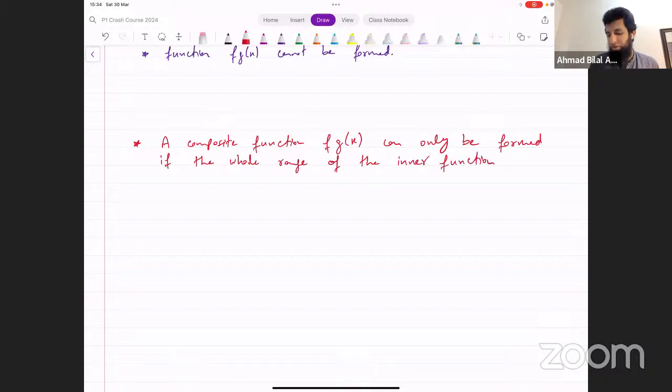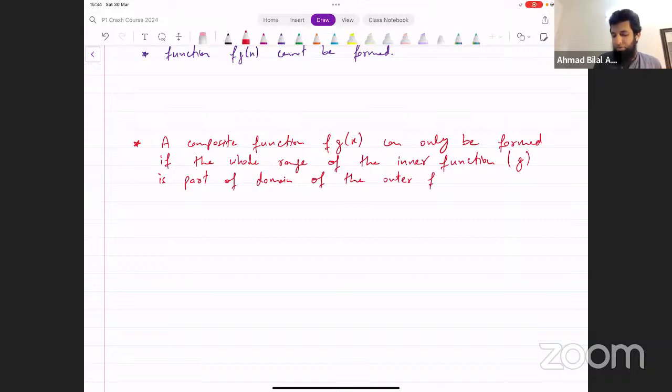What's the inner function here? In this case, it's g, is part of the domain of the outer function. And what's the outer function in this case? The outer function, when you have f g of x, is f.